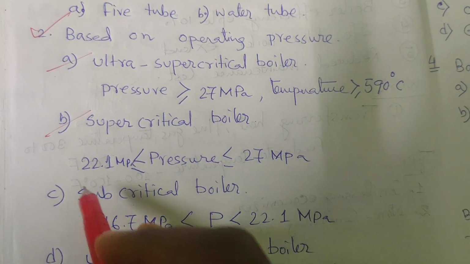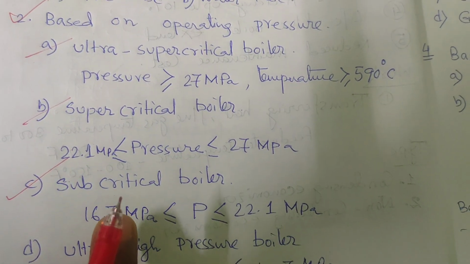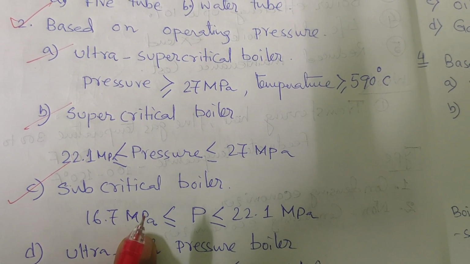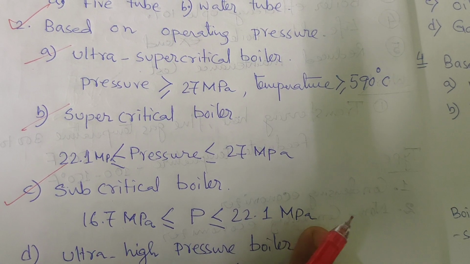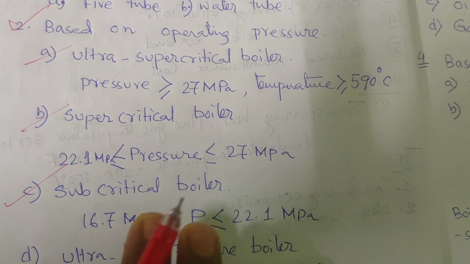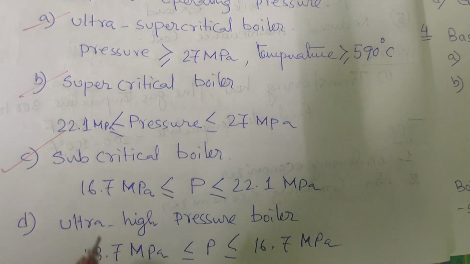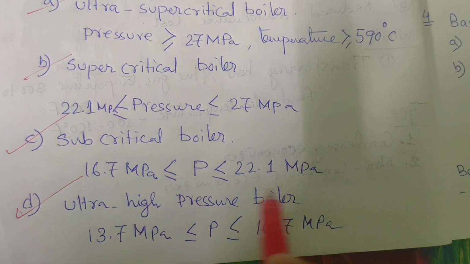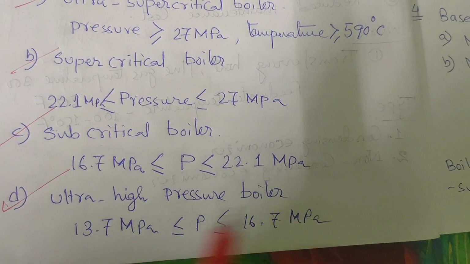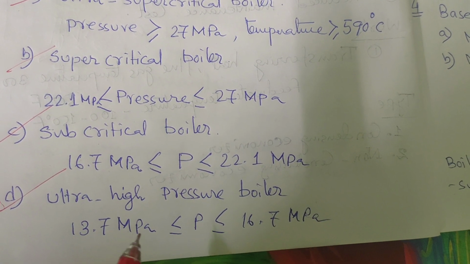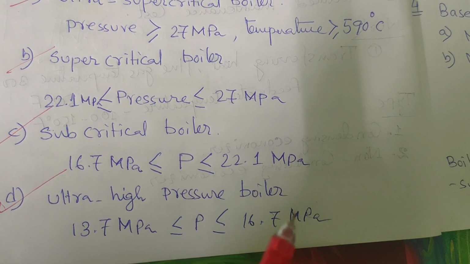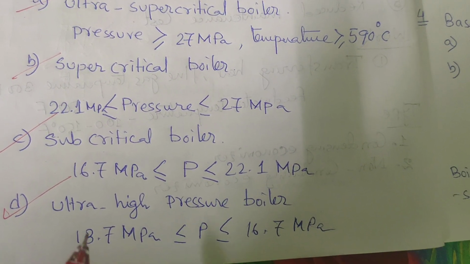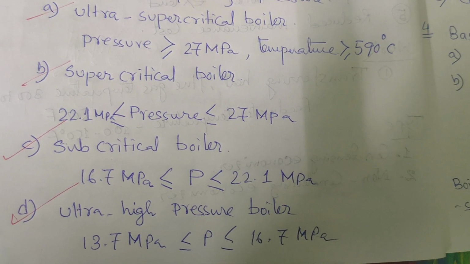Subcritical boiler: if the pressure is 16.7 megapascal to 22.1 megapascal, it will be considered a subcritical boiler. Ultra high pressure boiler: in between pressure 13.7 megapascal to 16.7 megapascal, it will be the ultra high pressure boiler.